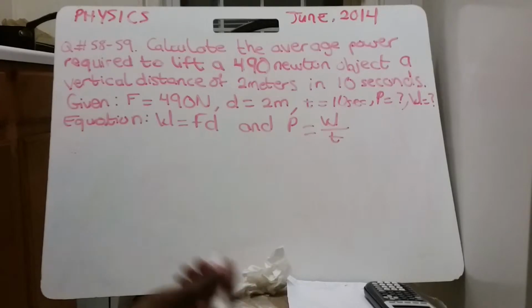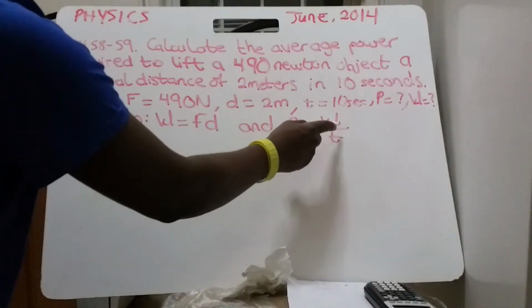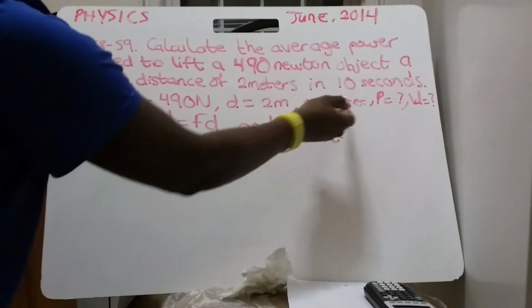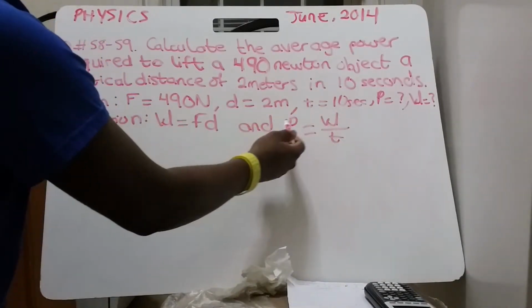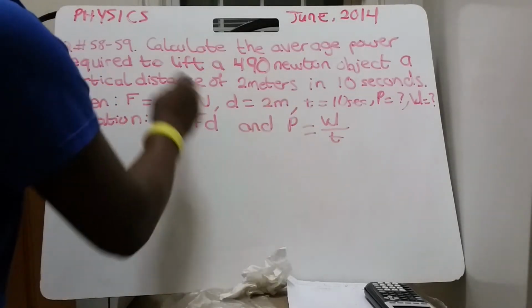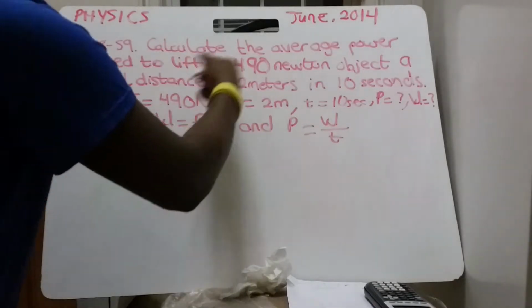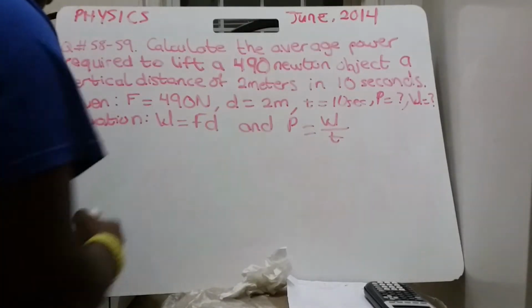So let's first try to find work, and we can substitute work here. Since we already have time, which is 10 seconds, we can find the power required to lift this heavy object.